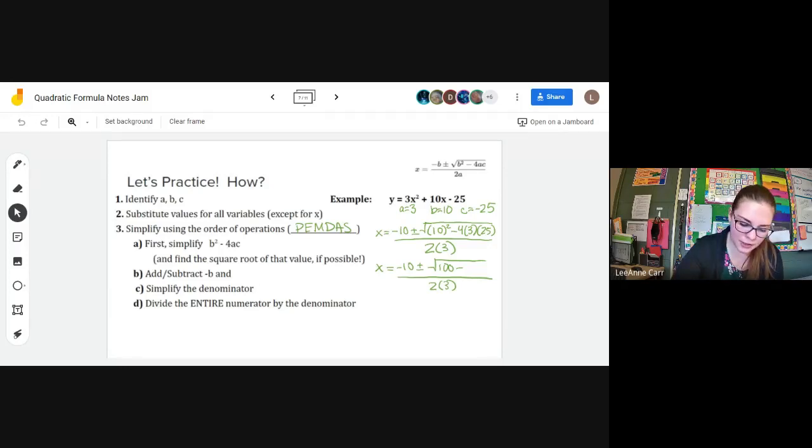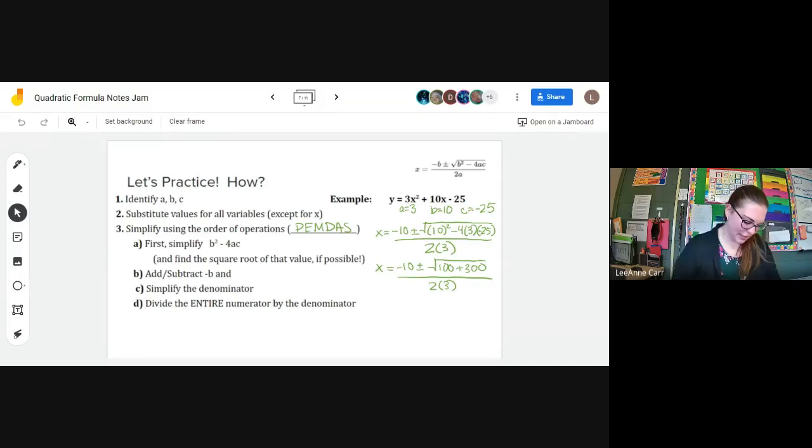Oh, and I just realized I forgot this negative. It should be negative. Yep, so Miss Carr messed up. It was a negative times a negative here. So this will actually be plus 300. Good job. Thank you.